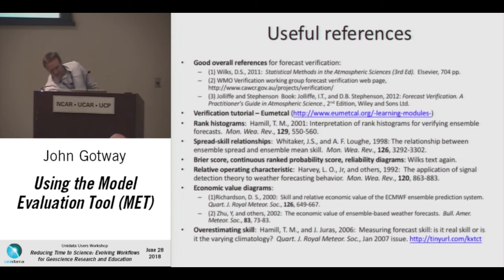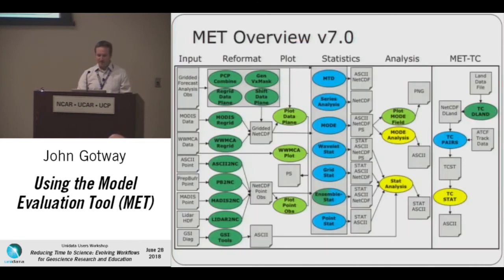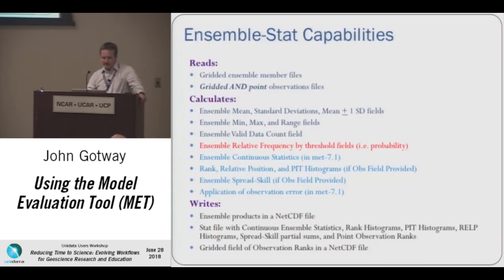Okay, let's see. I have 3 minutes left, so I'll see what I can cover here. I want to bring us back to the Ensemble-Stat tool. In MET, it's both green and blue. Why is that? What does the Ensemble-Stat tool do? It reads gridded ensemble member files.